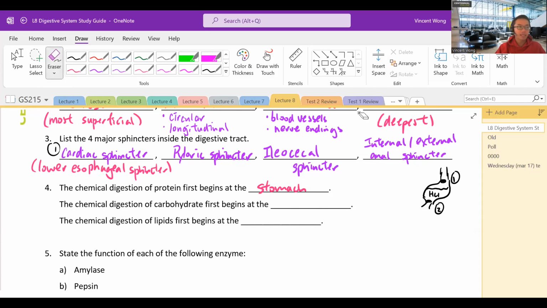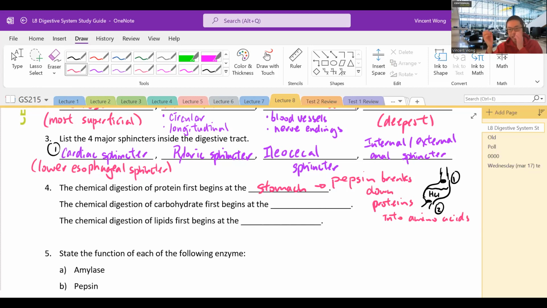In the stomach, that's where you will first expose the protein to pepsin. Okay, so pepsin in the stomach breaks down protein into amino acids.